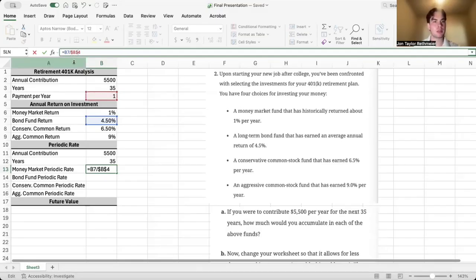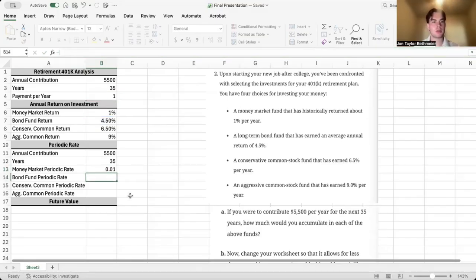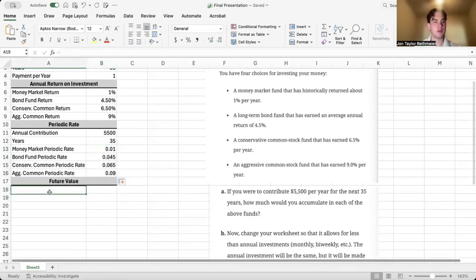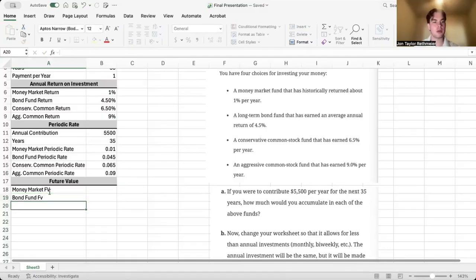Oh, I mean, it's going to be B6. We can drag this down. And then we have money market, then we have our bond future value, and then we have the others.